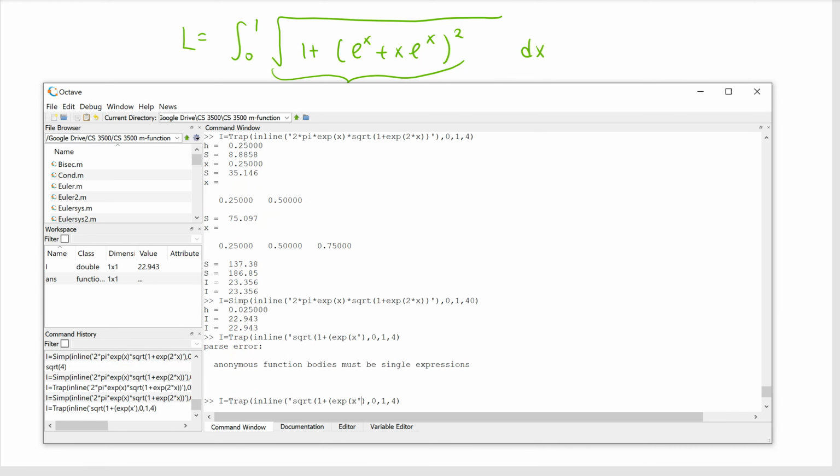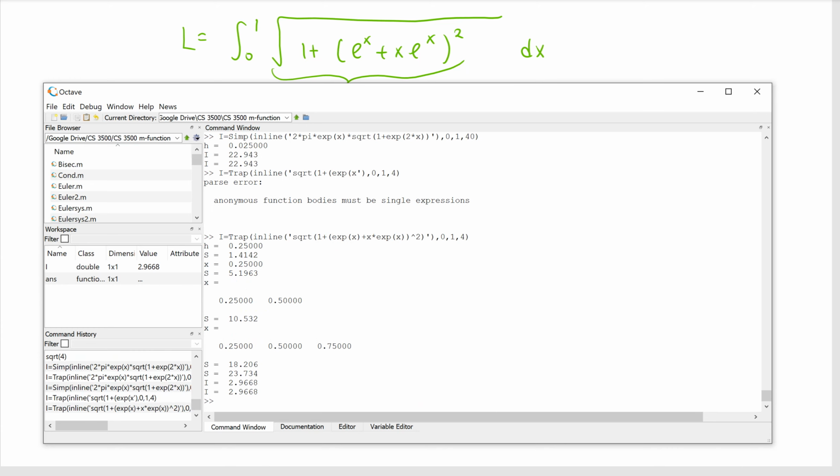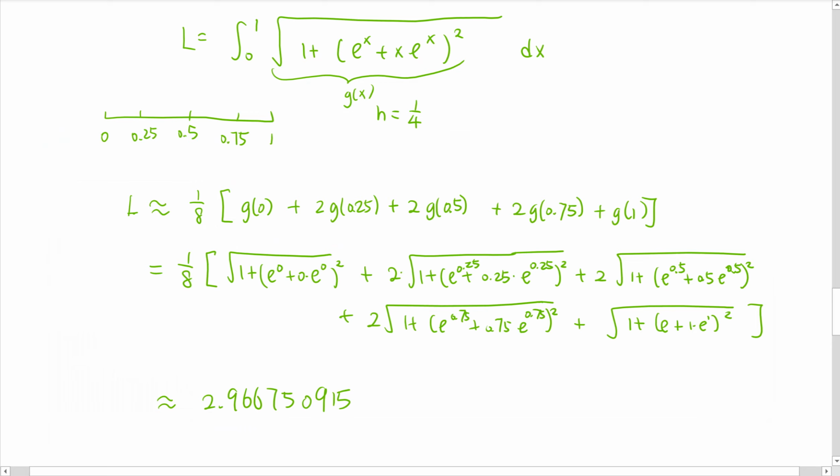Okay, e to the x plus x times e to the x. So e to the x is exp of x, and then this guy squared, and then close it. Yes, don't forget we have to have the same number of parentheses on the left and on the right. Okay, see, the answer is 2.9668, and that matched our results.